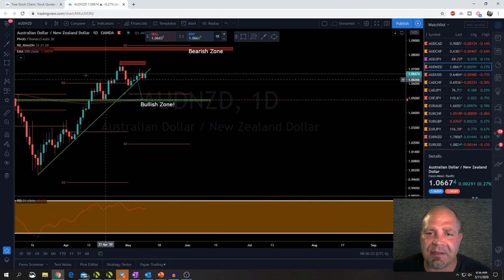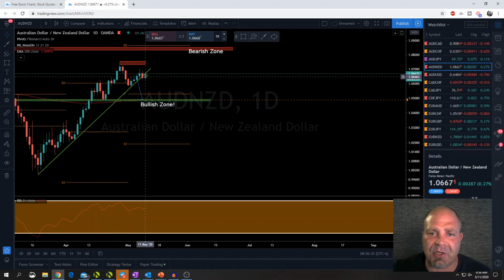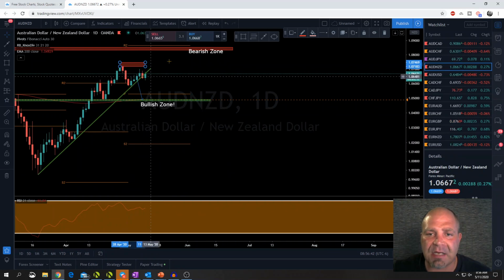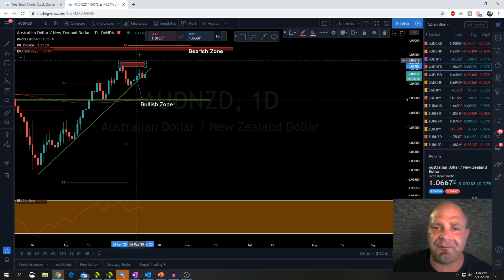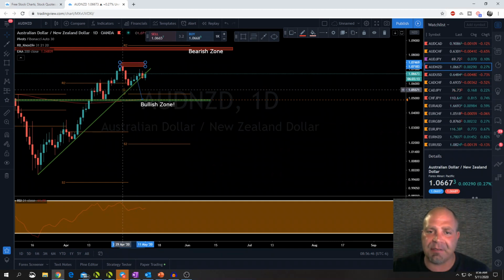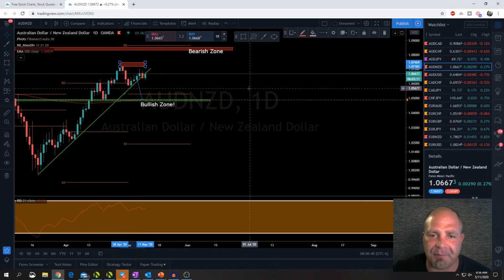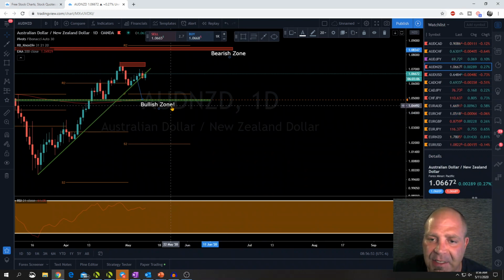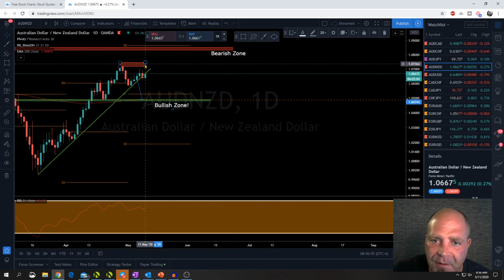Australian dollar, New Zealand dollar. Same kind of thing cooking here. We kind of got the same theme going on. Almost double top. It's not enough yet. It wasn't a perfect double top. Some traders even wait for the neckline to break before they confirm a double top. I try to shoot for right at the top.